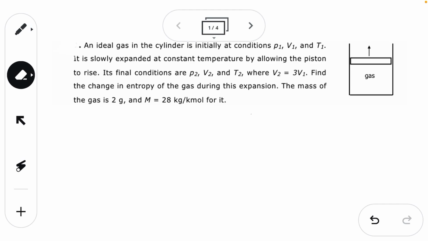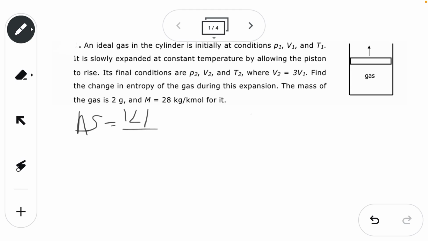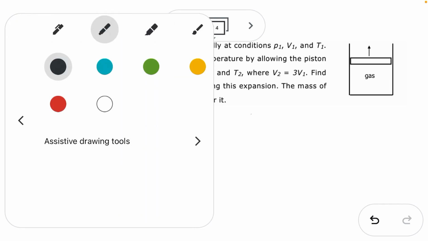Okay, so now to find the change in entropy, we know that it's given as the work done by a gas undergoing isothermal expansion at a constant temperature.